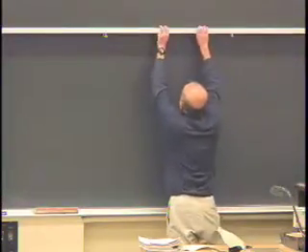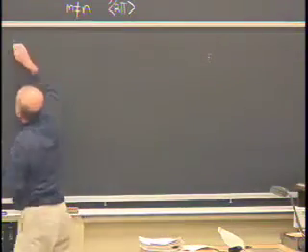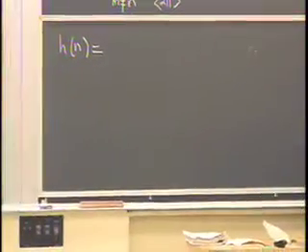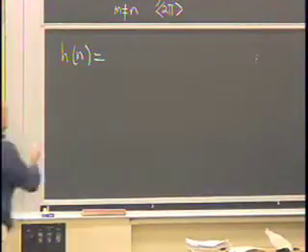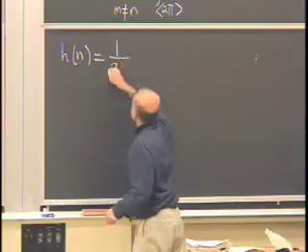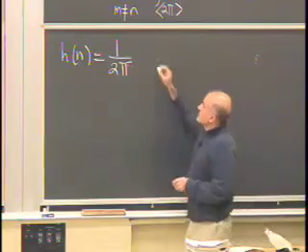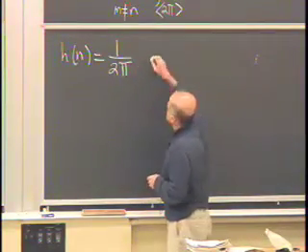All right. So far we've got h of n equals Cm in the denominator, and we found that to be 1 over 2 pi. And then what's in the numerator? H inner product with Cm.